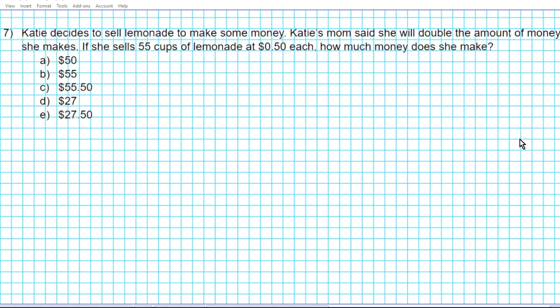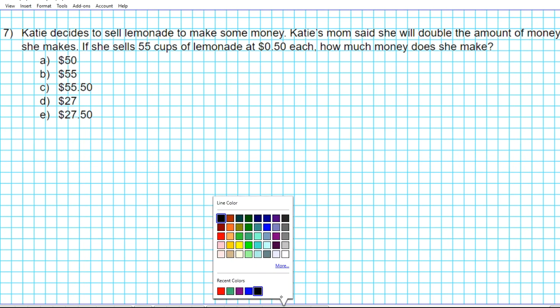Alright, let's take a look at question 7. It says, Katie decides to sell lemonade to make money. Katie's mom said she will double the amount of money she makes. If she sells 55 cups of lemonade at 50 cents each, how much does she make? To do this, you first have to remember the formula for total earnings.